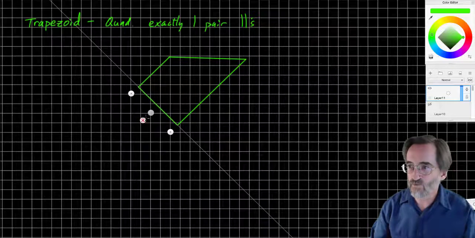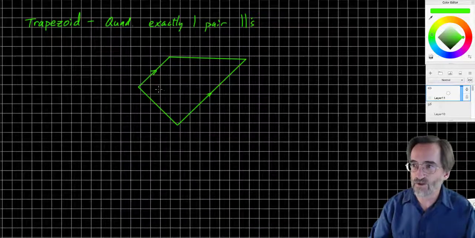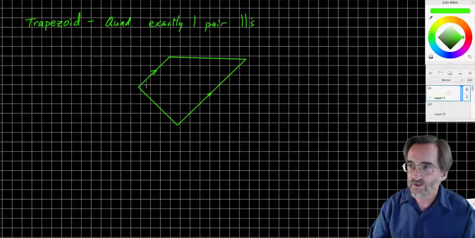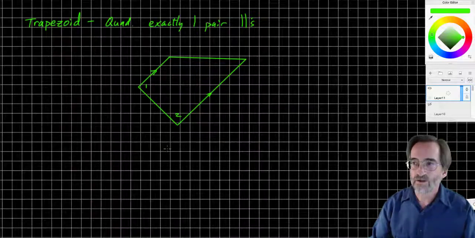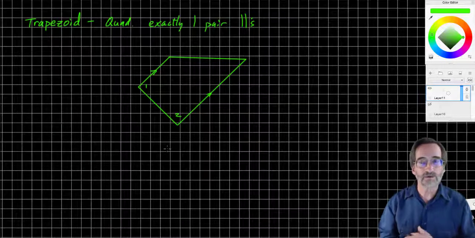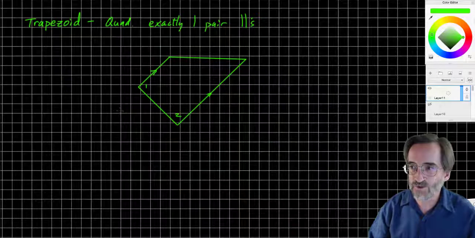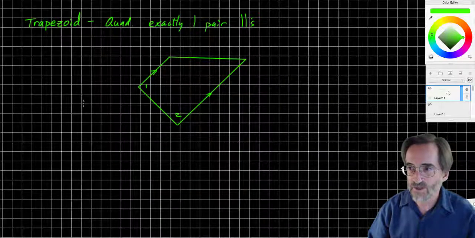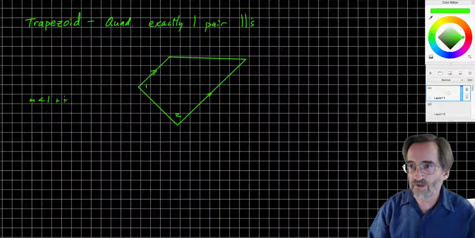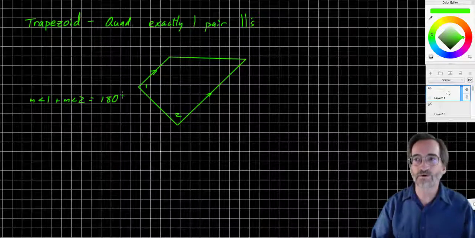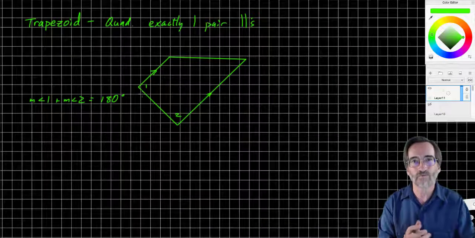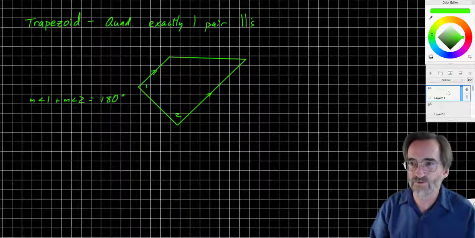And one of the things we learned is when you have a set of parallels crossed by a transversal, that same side interior angles are supplementary. Now in a trapezoid we call these consecutive angles. So the measure of angle 1 plus the measure of angle 2 equals 180, because same side interior angles are supplementary when parallels are crossed by a transversal.